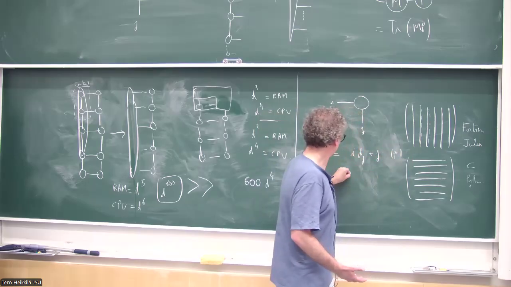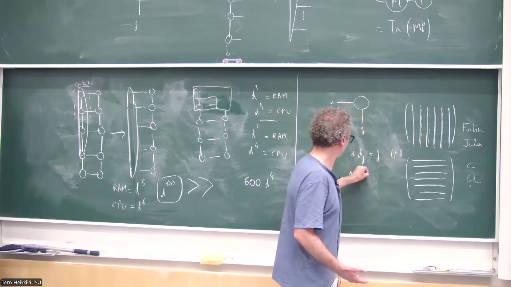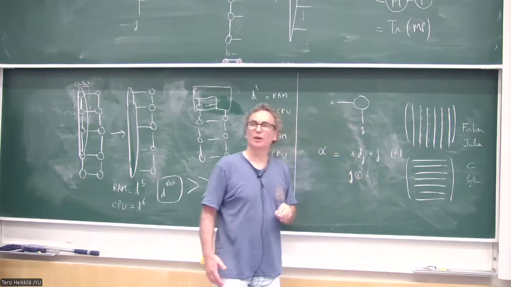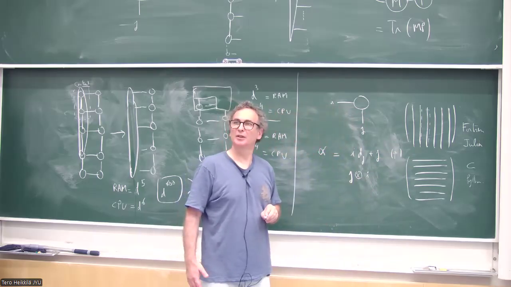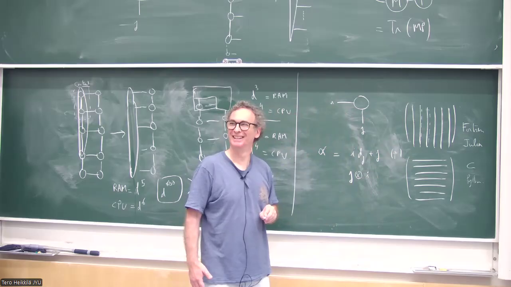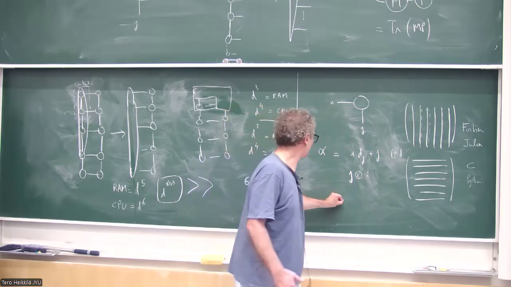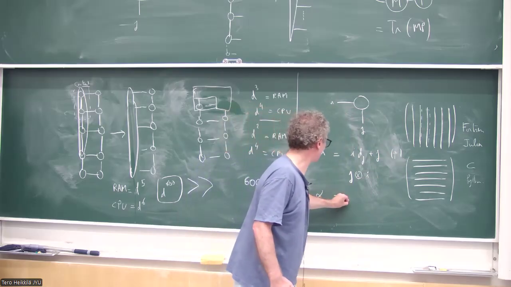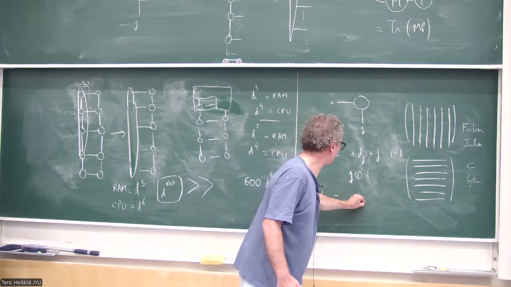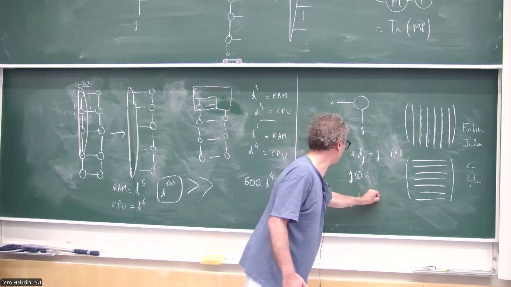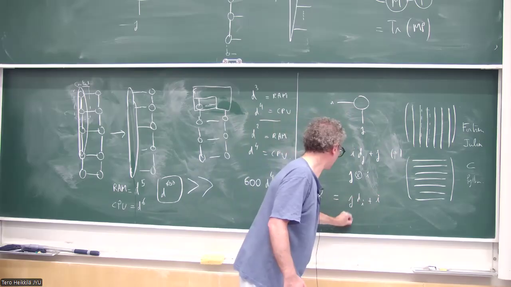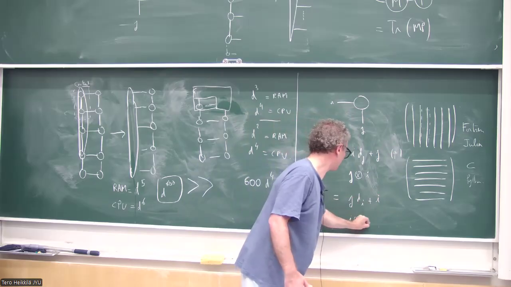And I will note it j tensor i. Because I'm a C guy, I want to give preference to the C ordering. Or it's going to be alpha equal to j di plus i, and I will note that i tensor j.